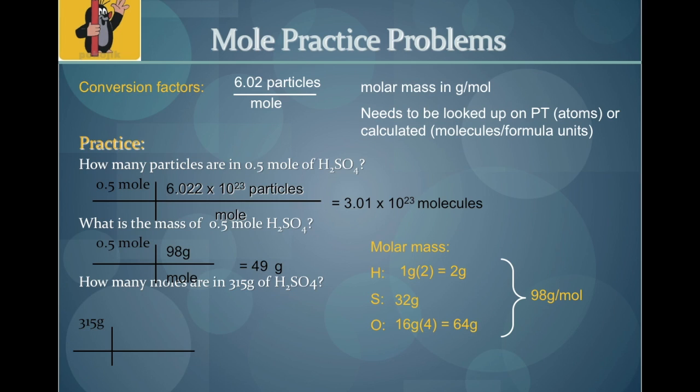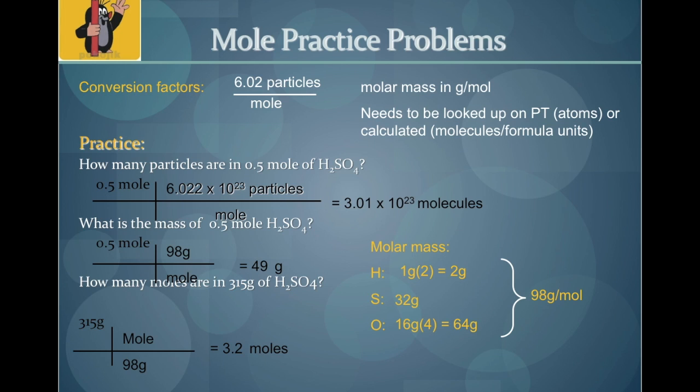It's 98 grams per mole. But since we're converting to moles, we want moles on top and grams on the bottom, so they cancel. And if we have 315 grams, that is 3.2 moles.